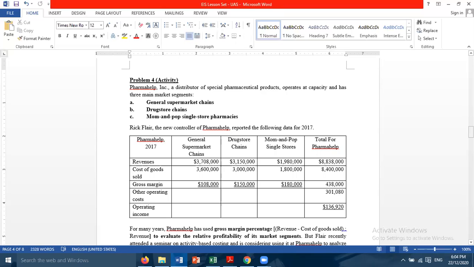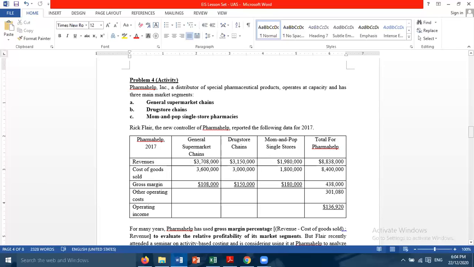So in essence, usually what we are asked to do in activity-based management is to compare the results we get using simple costing in comparison to the results we get from activity-based costing. And then by comparing those results, we give management recommendations and specific guidelines or things to point out. So that's practically activity-based management.